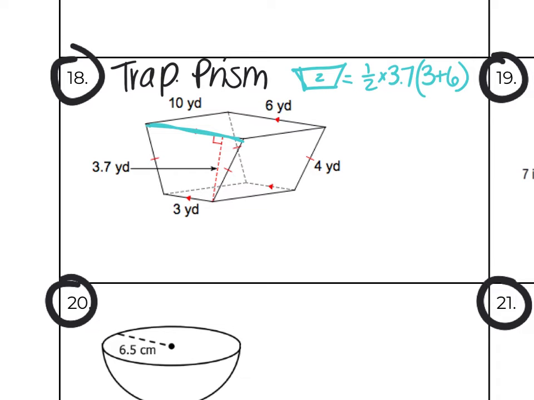So after you times by 2, I got 33.3. Anyone check that for me? Good. All right, so I'm going to circle that because I know I need to add it later.